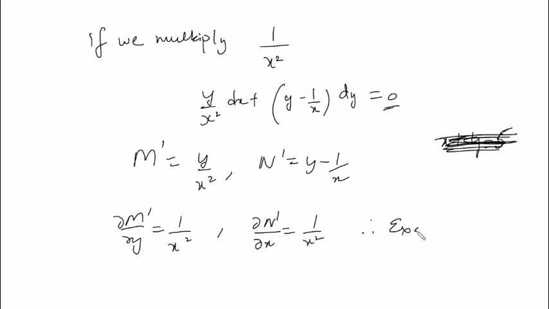So therefore it is exact, I can solve it now. The solution which I'll be obtaining for this new equation is going to be the solution of the original one, because it is an equivalent version; we have only multiplied by a factor. That does not change the nature of the differential equation. It is not that your problem has changed, it is just that we have brought it into this form so that we can solve it.